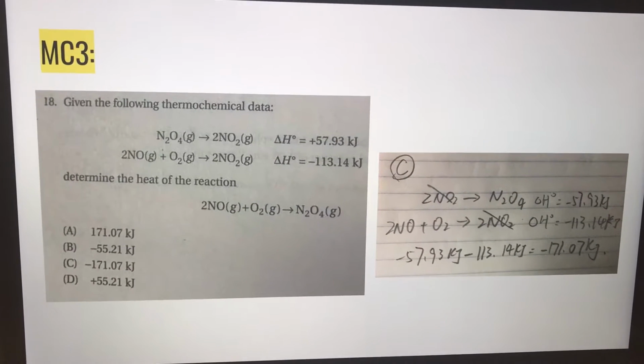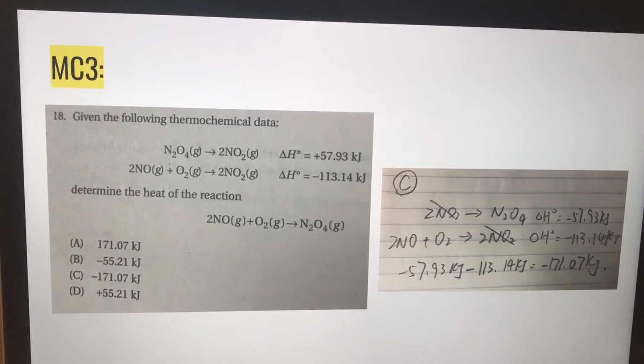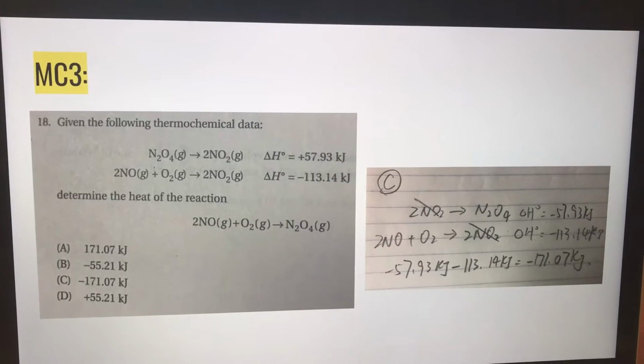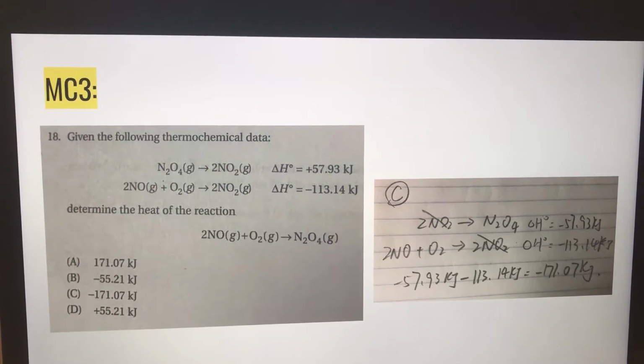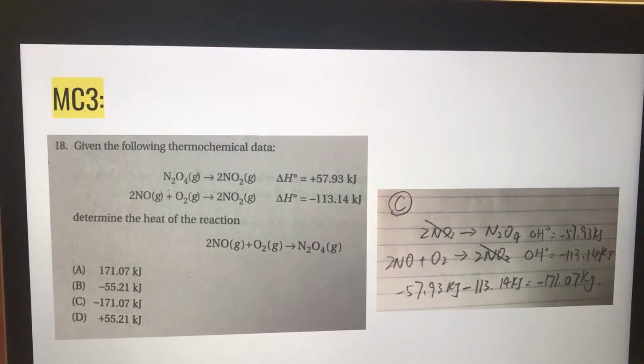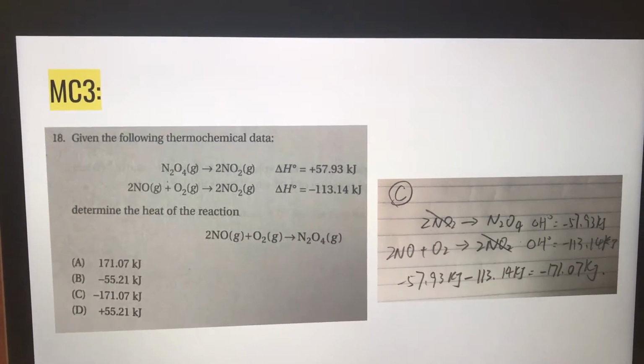For multiple choice 3, I select a Hess's law problem. So how can we manipulate reaction 1 and reaction 2 to get the reaction that we want?